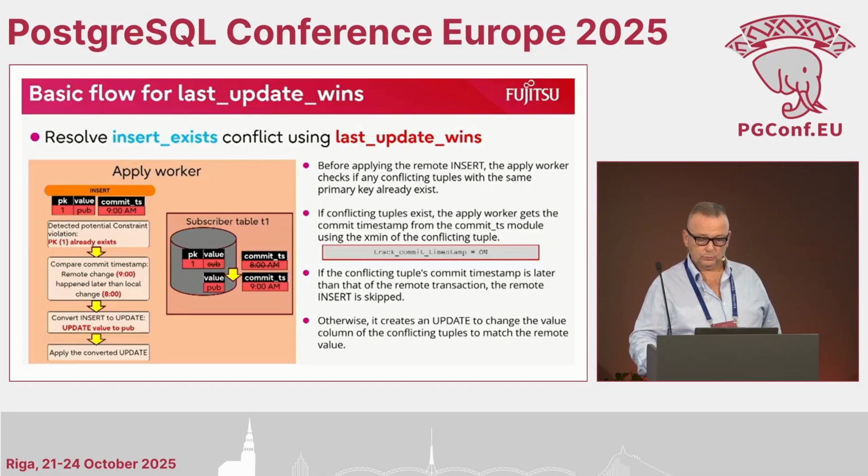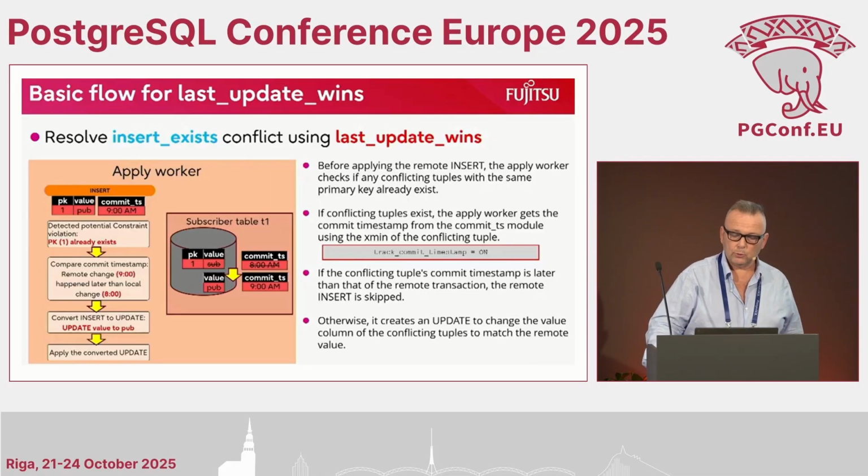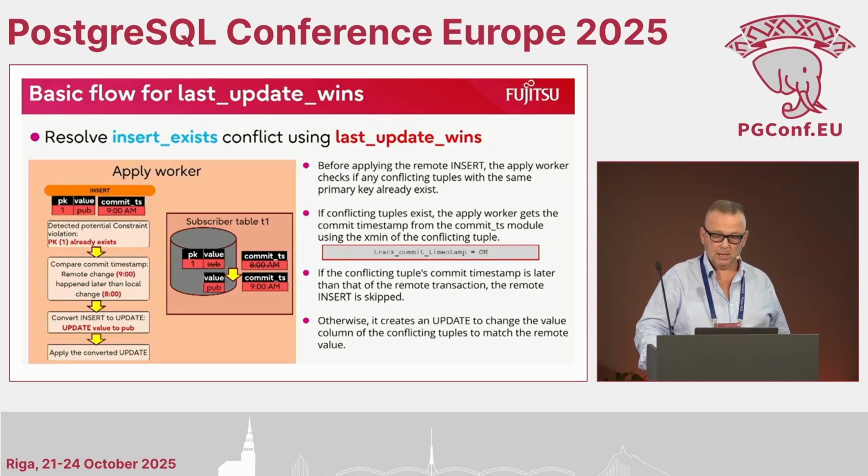And if the local tuple commit timestamp is later than the remote commit timestamp, then the remote insert is skipped. Otherwise, it will create an update to change the value of the local tuple to match the remote new value.